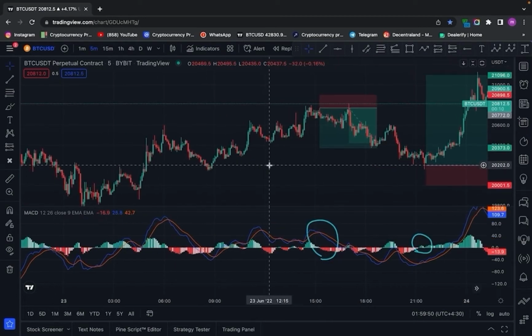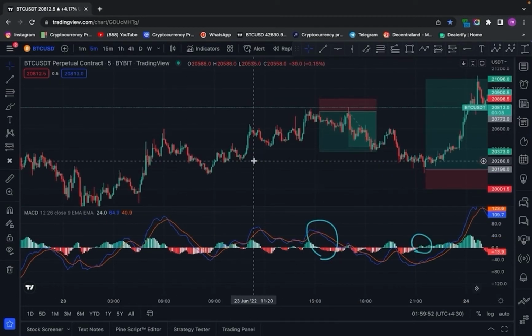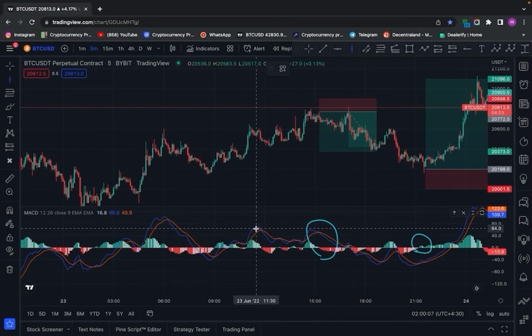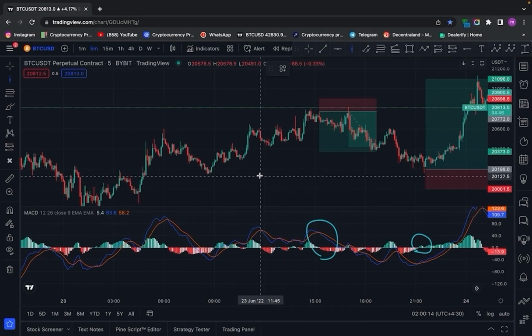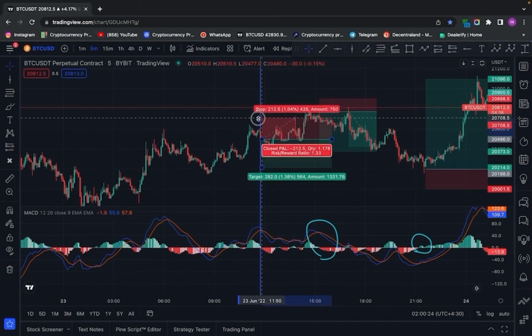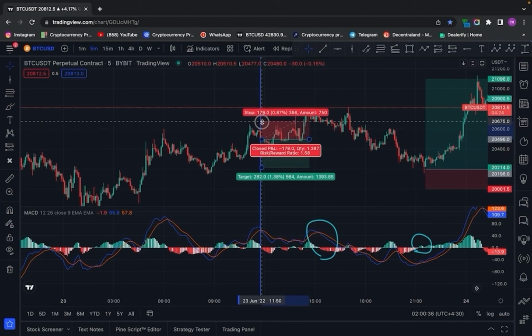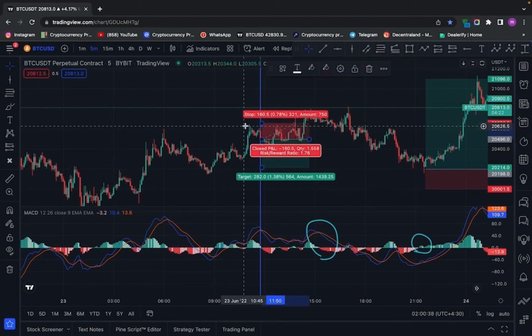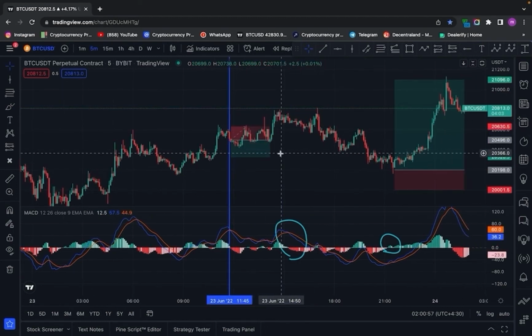But this indicator has wrong signals too. For example, we see that here the blue line crosses the orange line downwards, and also the color of histogram bars change. So we could enter a sell position here. But if we enter in that trade and place our stop loss on the last ceiling, we see that our price goes up and hits our stop loss.